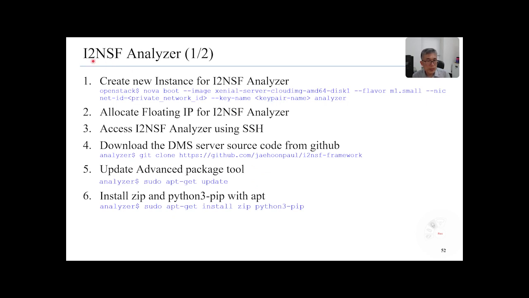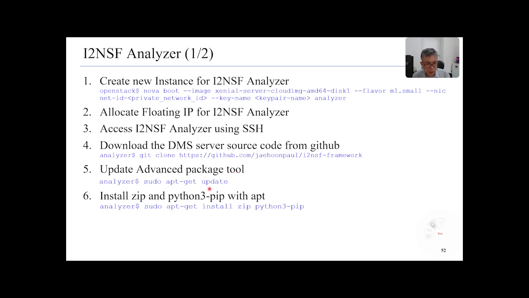And then we need to install I2NSF analyzer. First of all, create a new instance for I2NSF analyzer using OpenStack Nova command. And then allocate the floating IP address for I2NSF analyzer, and then access I2NSF analyzer using SSH, and download the analyzer source code from our I2NSF GitHub project, and update advanced package tool.